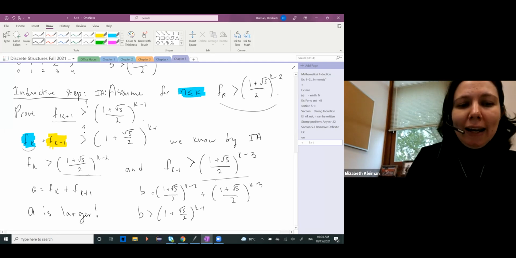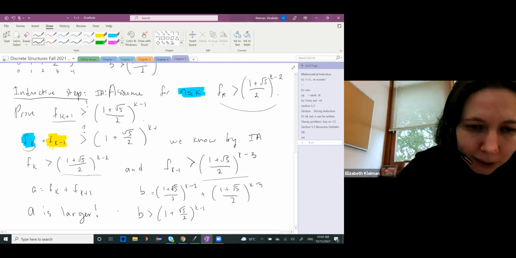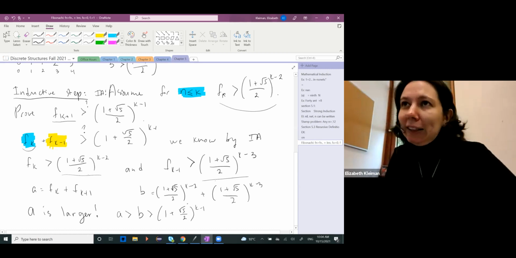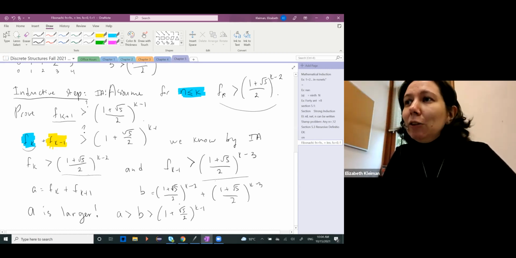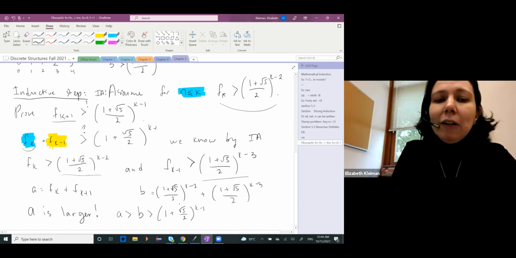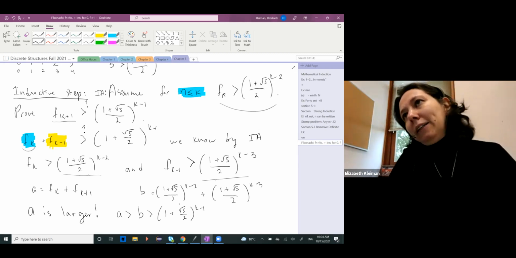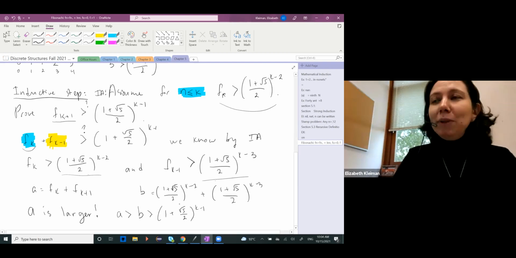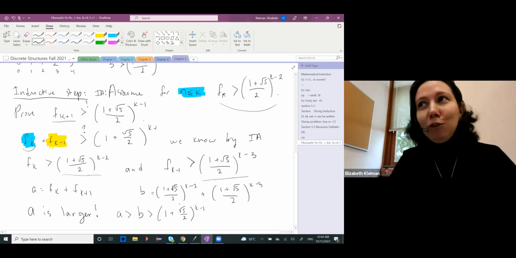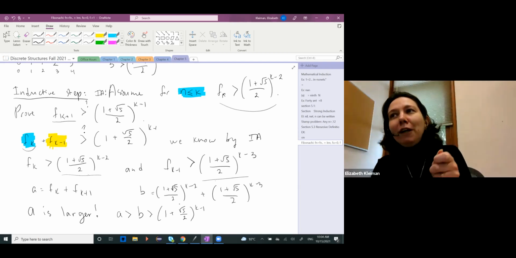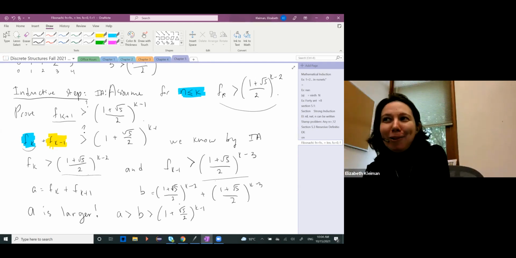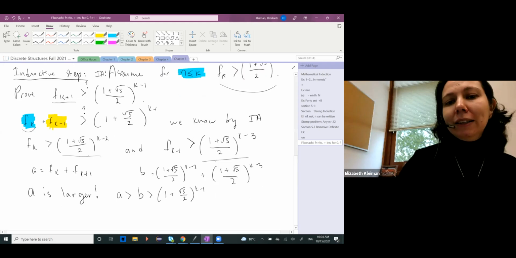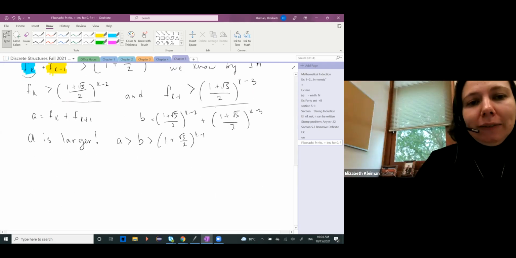We know A is larger than B. And if we can show B is really larger than this number, then it is going to work. Now, it is really important to understand it because if it would have been the other way around and A would be less than B, it wouldn't work. So you only can make your thing smaller and smaller. You cannot make anything larger. That's important. This is always the case with inequalities.